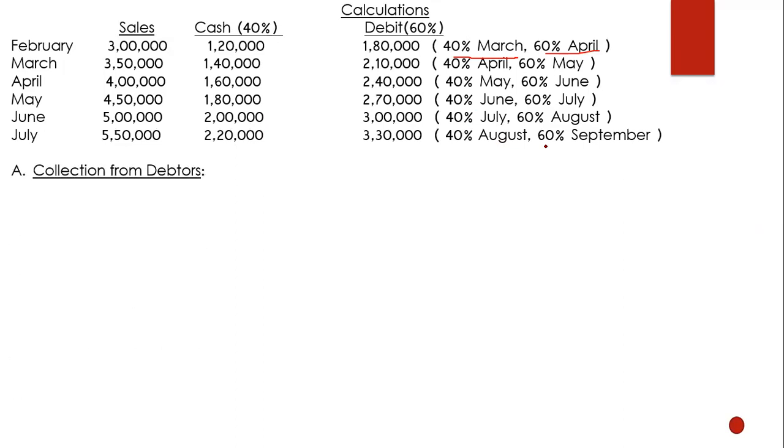Now we will find the collection from debtors. So for April, April is here also and here also.